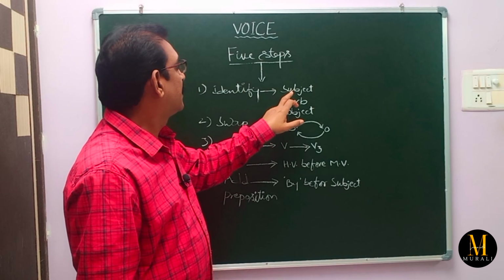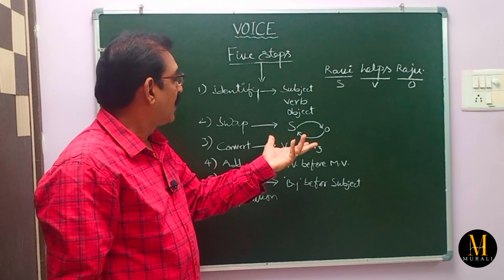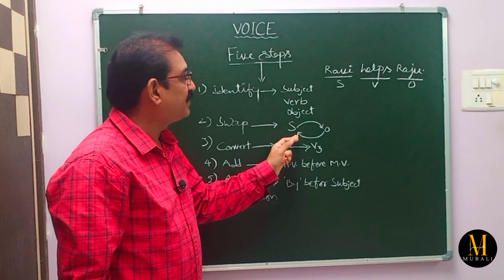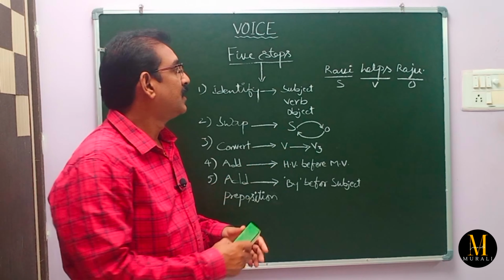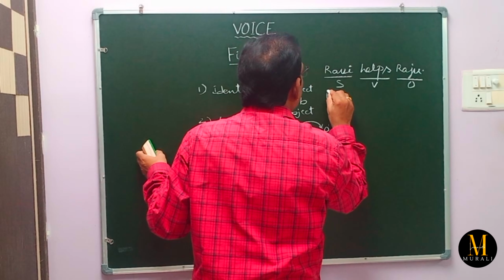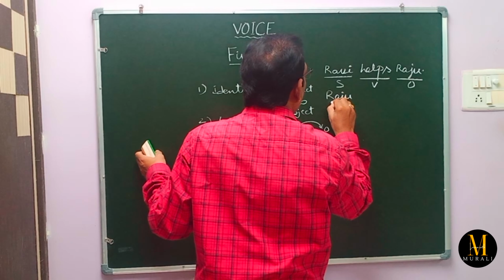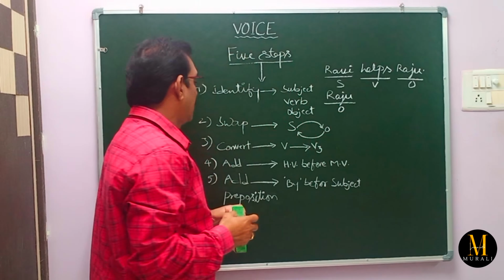Next, swap the sentence: subject to object, object to subject. Here, Raju is the object. Next, convert the verb into the V3 form, that is the past participle.